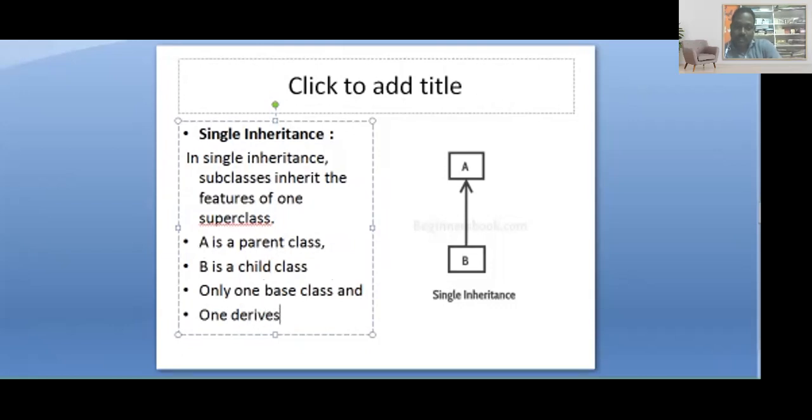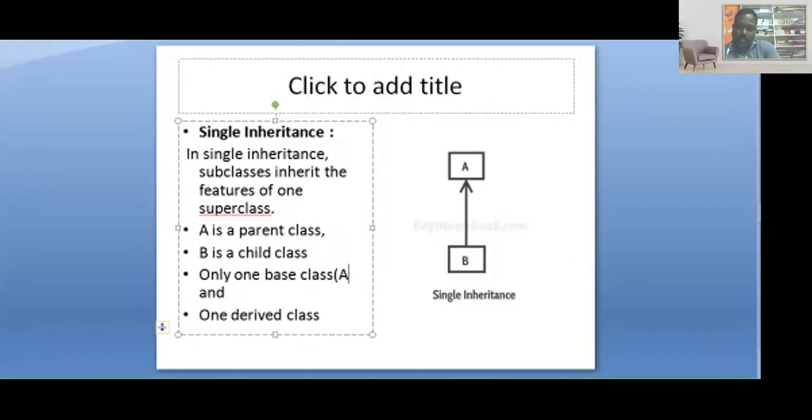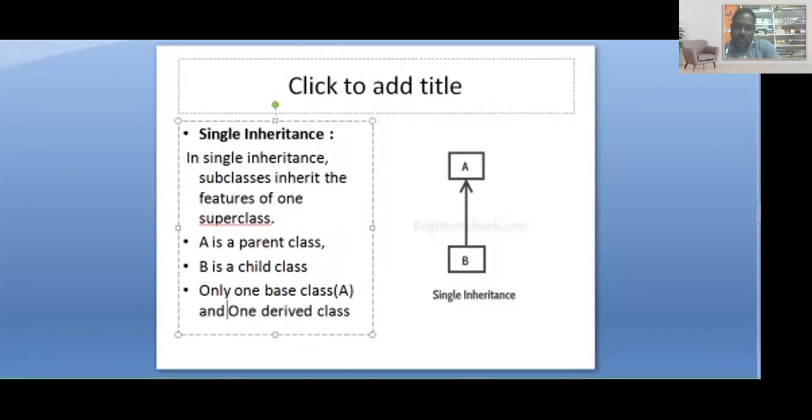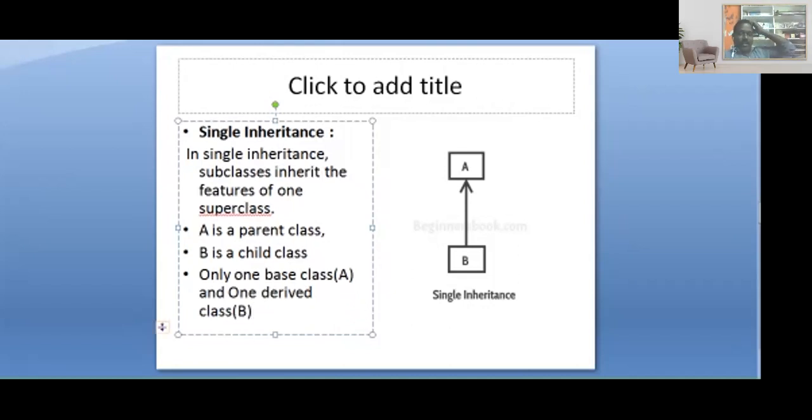Which is the base class here? A is the base class. And the derived class? B is the derived class. So that's single level inheritance, or single inheritance.